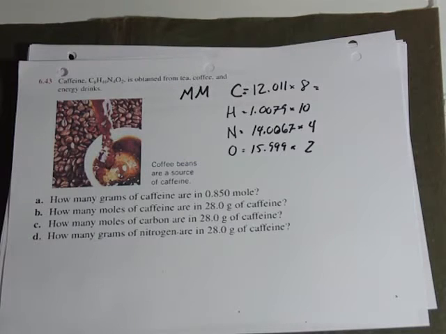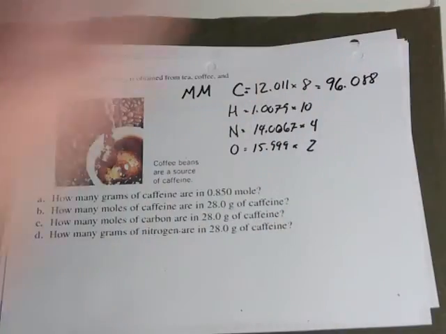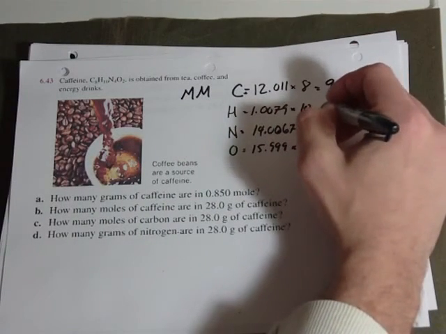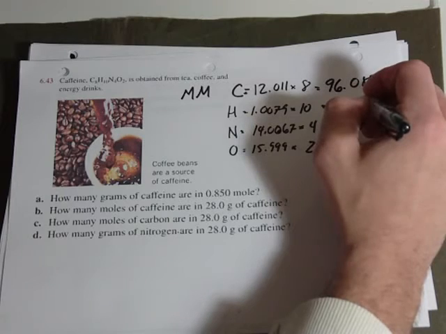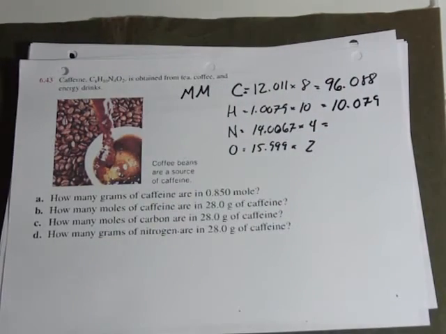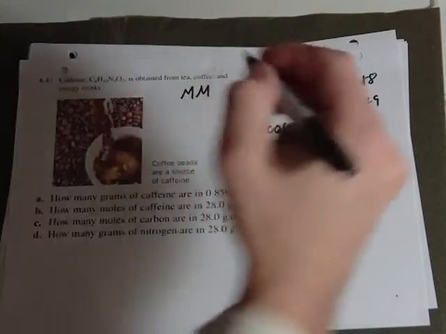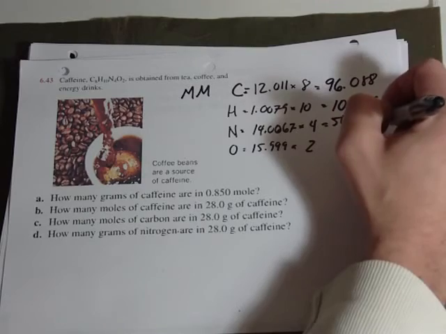So 12.011 times 8 is equal to 96.088. For hydrogen, it's 10.079. For nitrogen, it's 56.0268.